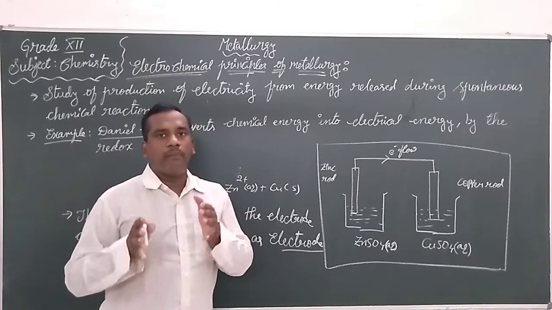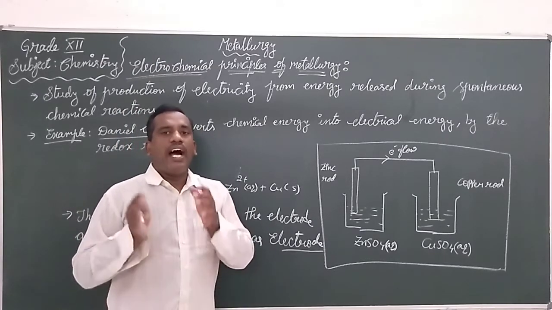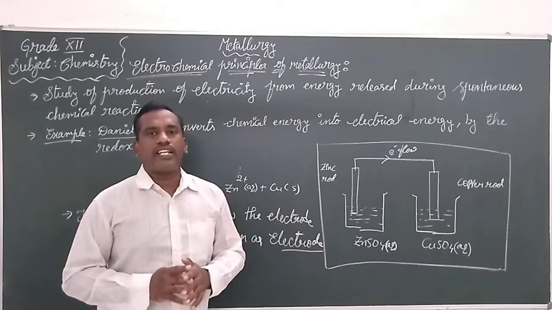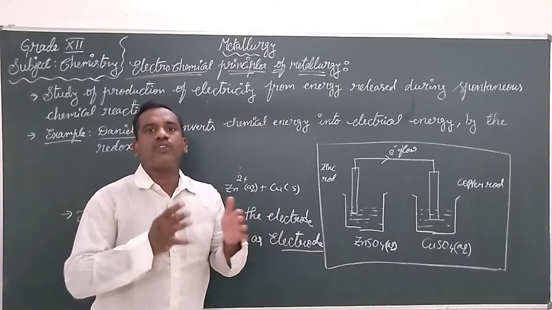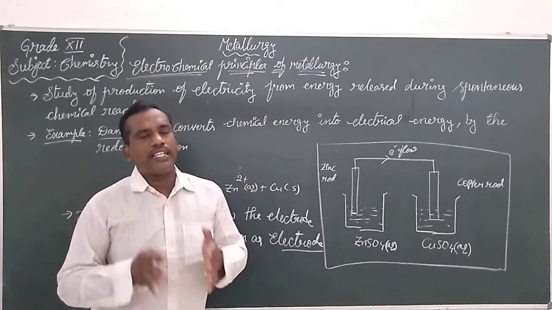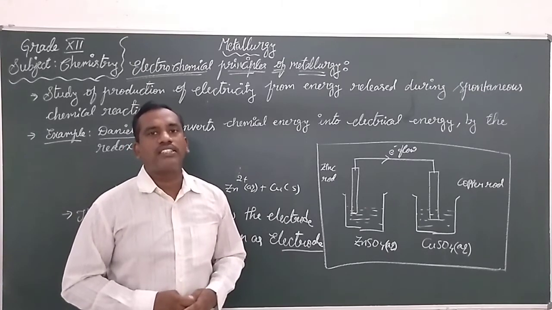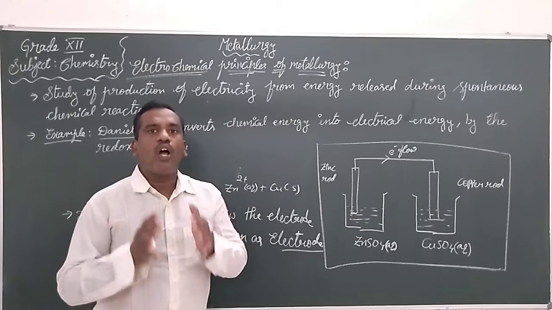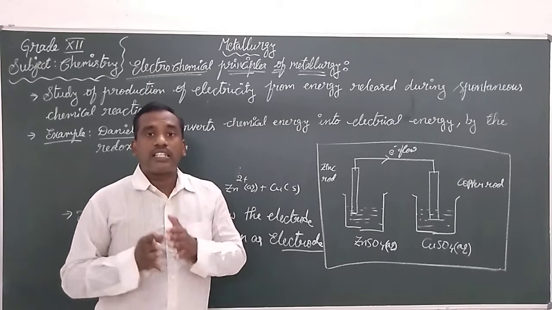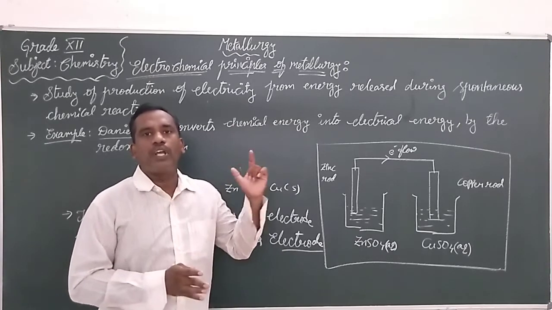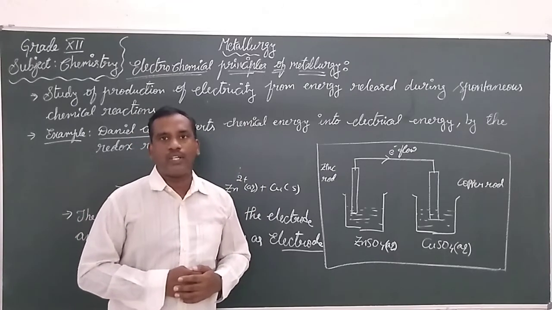So this branch of chemistry that deals with converting chemical energy into electrical energy is called electrochemistry. Such electrochemistry we are going to link up with metallurgy.